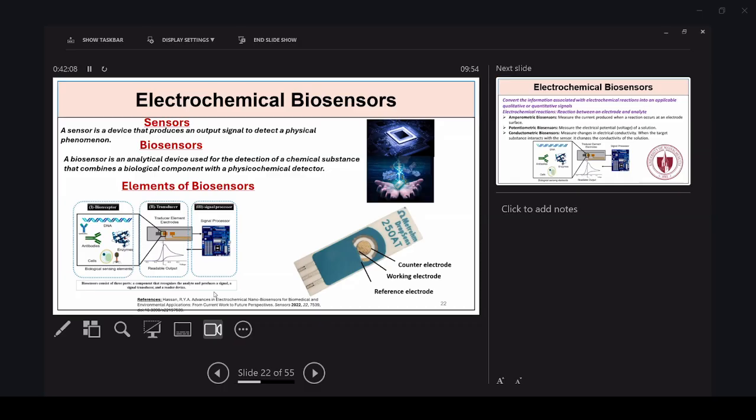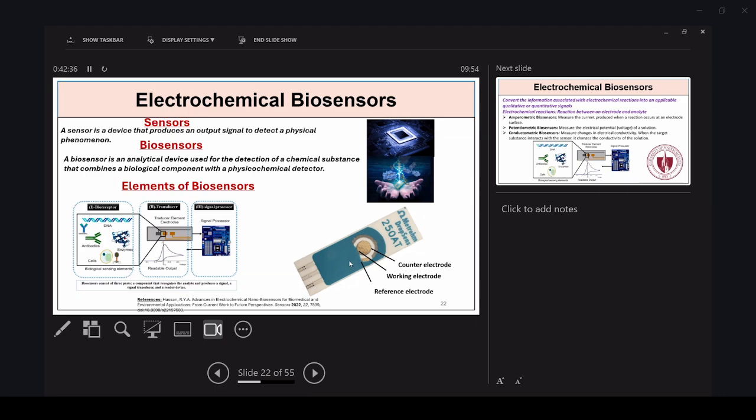So, as I told, for the electrochemical sensor we use this type of chip or electrode. You can see the working electrode. The working electrode is the gold electrode. We use a gold electrode, and in some methods we even use advanced carbon-based materials for better electrical signals. And then we use the reference electrode AgCl, and the counter electrode is platinum.